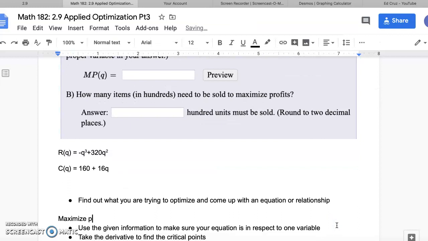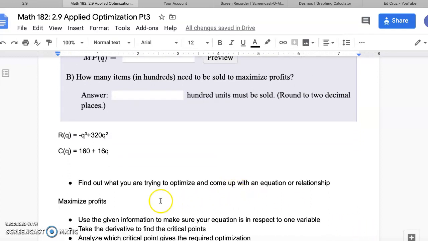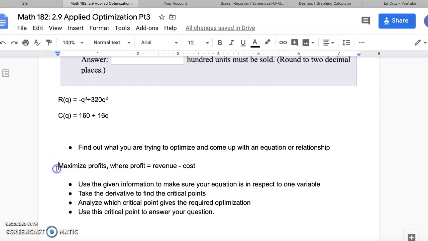Maximize profits. And we know that profit equals revenue minus cost.